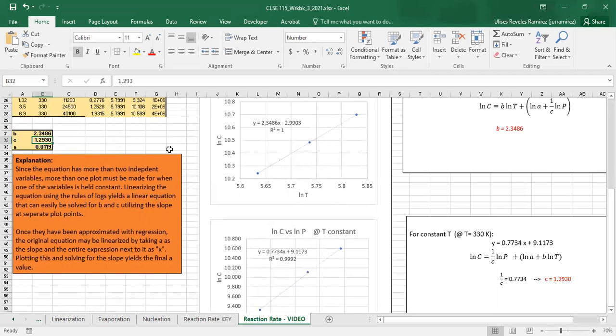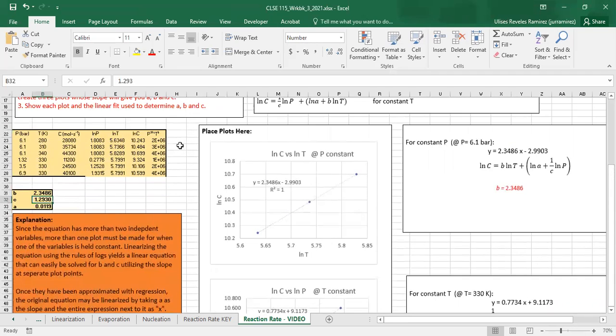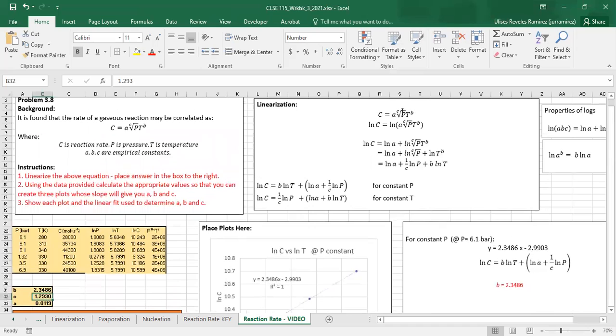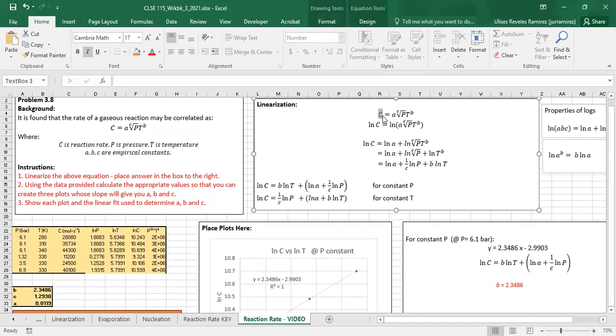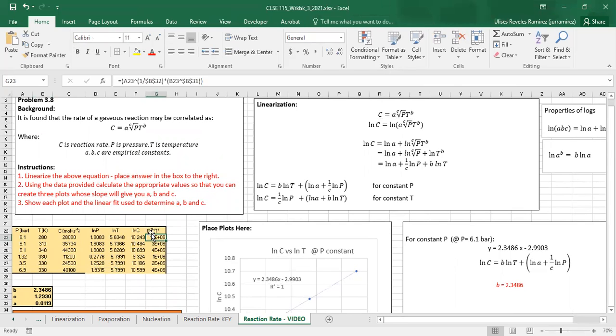Now, to solve for the last empirical constant, A, we take the whole equation and call the rate Y, and this whole expression X. We can do that because we already know B and C. So we make this column, P to the power 1 over C times T to the power B, using these constants.